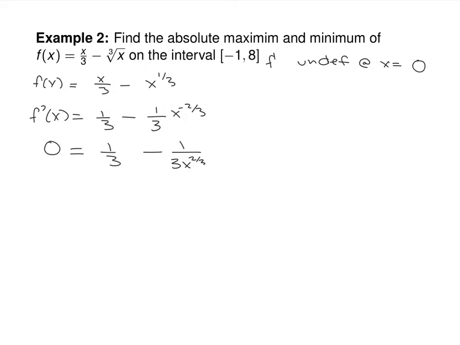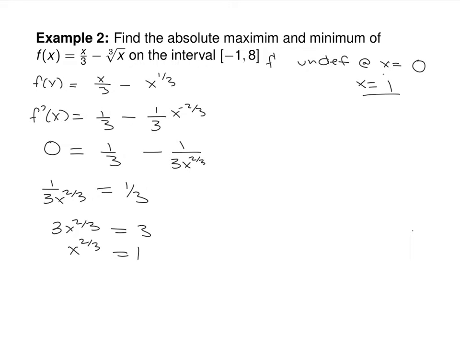Or you could say 1 over 3 x to the 2/3 equals 1/3. Does that make sense? Then you could cross multiply, and you'd get 3x to the 2/3 has to equal 3, right? The 3's can cancel. X to the 2/3 equals 1. So what does x have to be? 1.